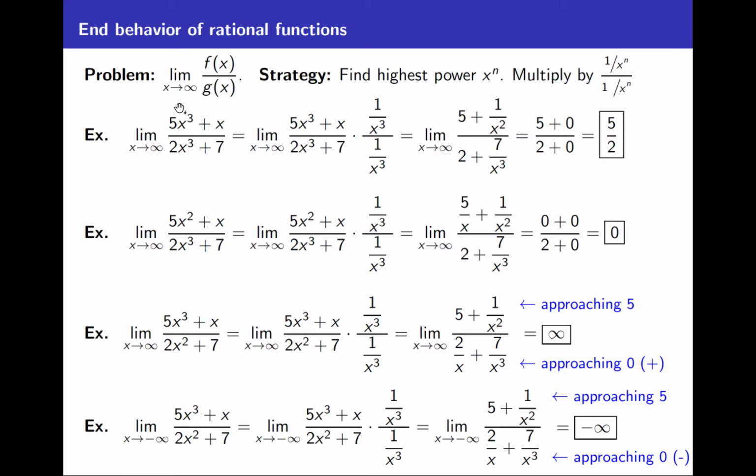If you had a regular limit like x approaching 3 or something like that, you would not use this strategy. This only works for x approaching infinity or minus infinity, because what made it work is that the reciprocals of these high powers, like 1 over x squared, were turning into 0. That's what gave us our answer. And to get those to turn into 0, x has to be approaching infinity or minus infinity.